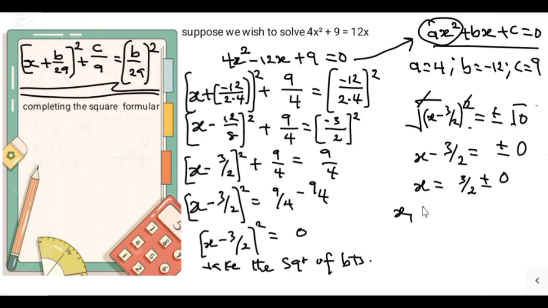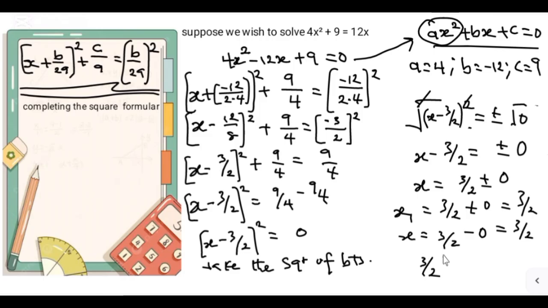Your x1 is equal to 3 over 2 plus 0. Your x2 is equal to 3 over 2 minus 0. This is equal to 3 over 2, and this is equal to 3 over 2. So your result for this is 3 over 2 twice.